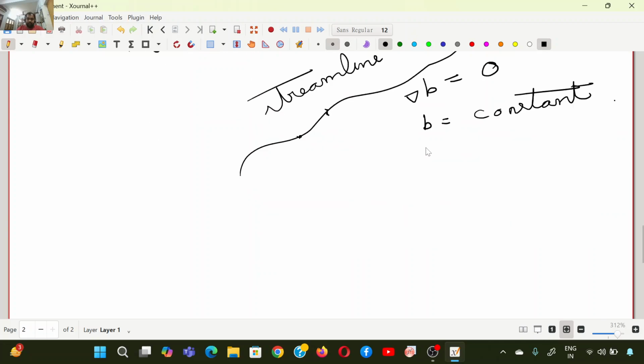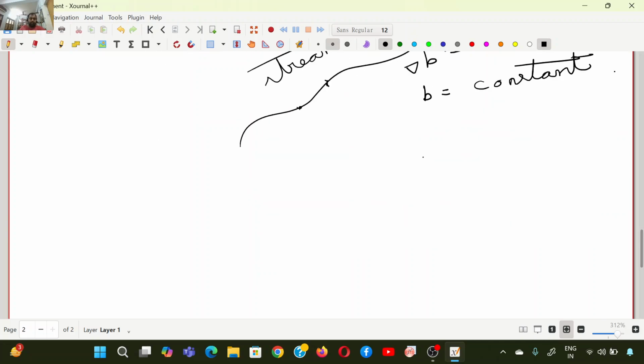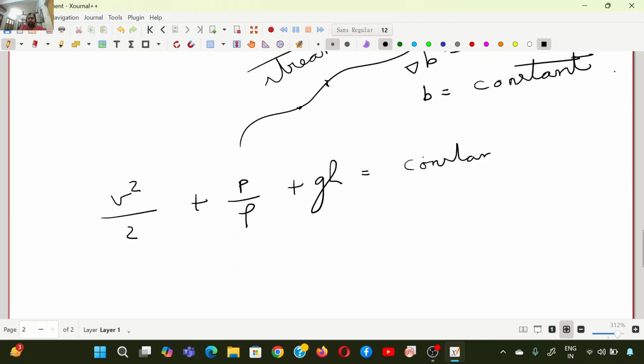So V square by 2 plus P by rho plus gh is equal to constant along a streamline.